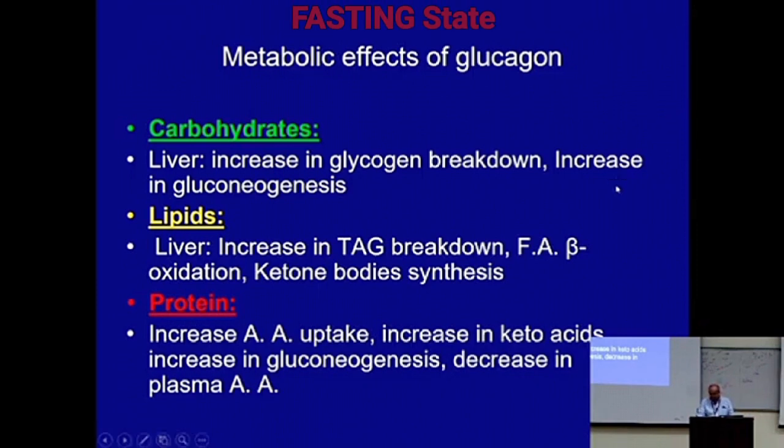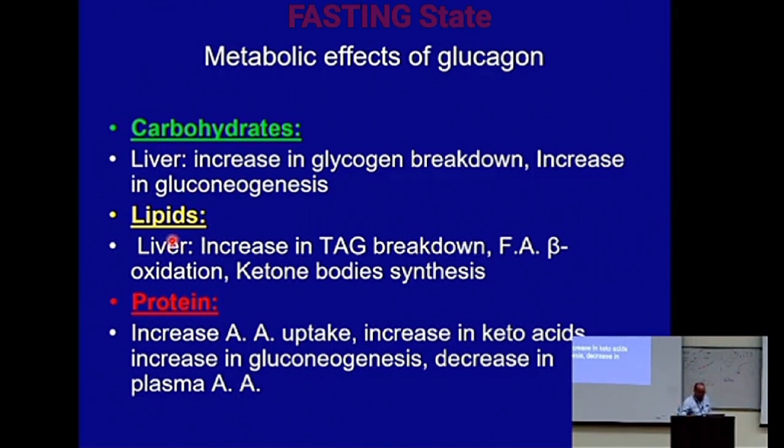You have an increase in gluconeogenesis. Okay? Both of these are key functions, again, of the liver. So think about it. Glucagon is high when glucose in the bloodstream is low. That means you are in a fasting cycle.